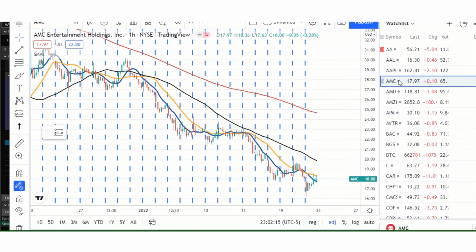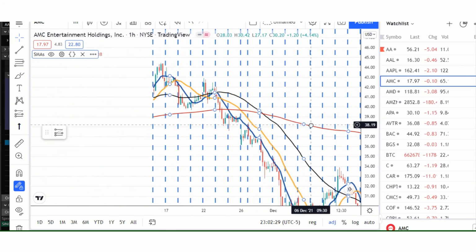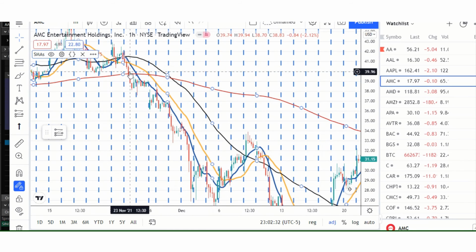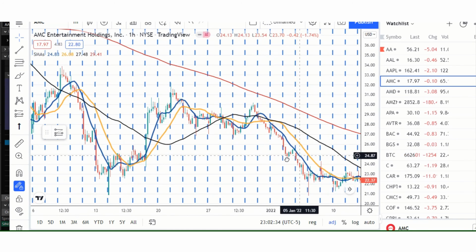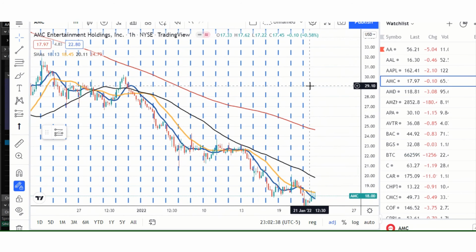Let's look at AMC Entertainment Holdings. Okay, over here on the stock chart, we see that the stock has been going down for a while. So we can guess that there's going to be high open interest to the downside on the put side.